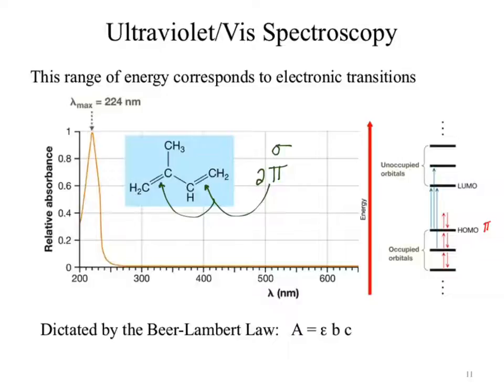The lowest energy ones are going to require too much energy to get them to jump. Where are we jumping to? Where do electrons exist? In orbitals. Okay. Where can our electrons jump to?